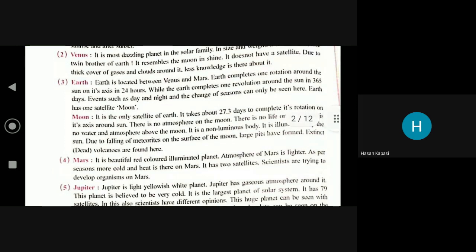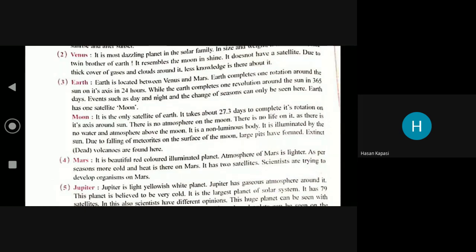It takes about 27.3 days to complete its rotation on its axis around the Sun. There is no atmosphere on the Moon. There is no life on it, as there is no water and atmosphere above the Moon. It is a non-luminous body.